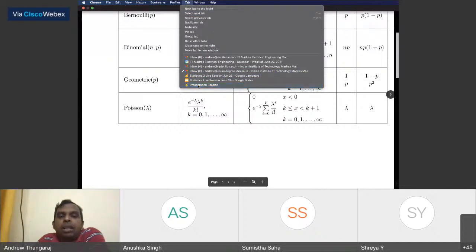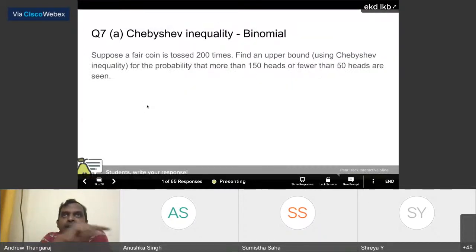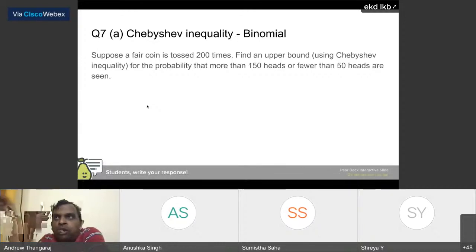Then draw that little picture that I drew in the previous case, right? I had the expected value of X in the middle, and then I was looking at what's on that side and what's on this side, and then convert that event into the absolute value of X minus expected value of X being greater than something. Once you do that, you can use the textbook Chebyshev formula.